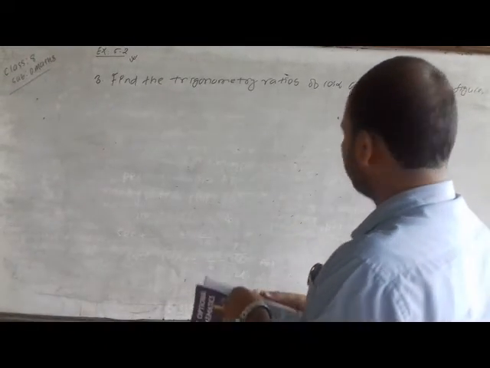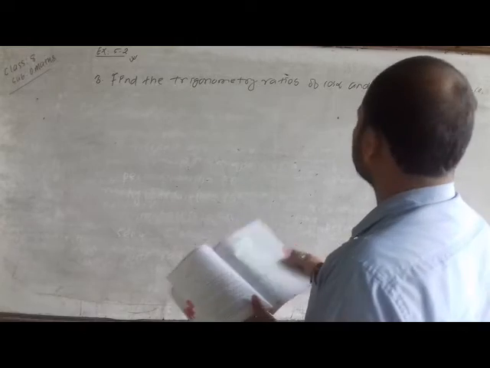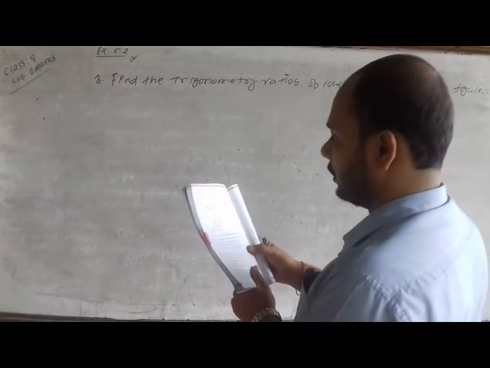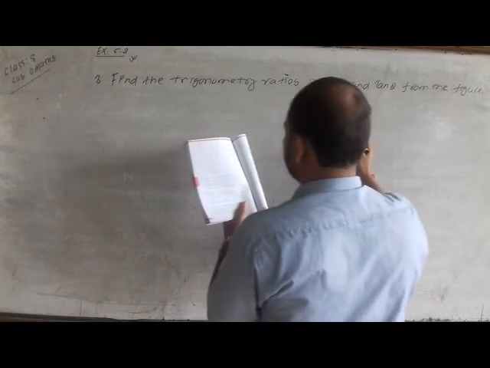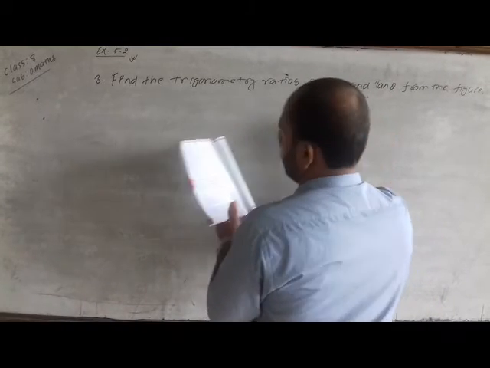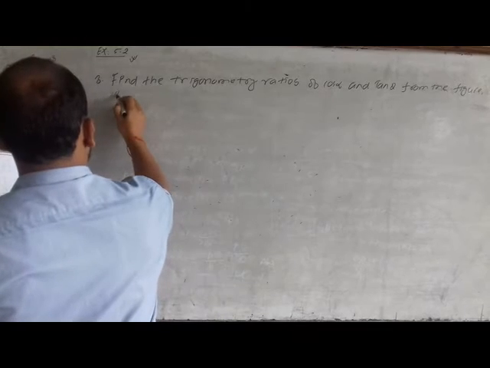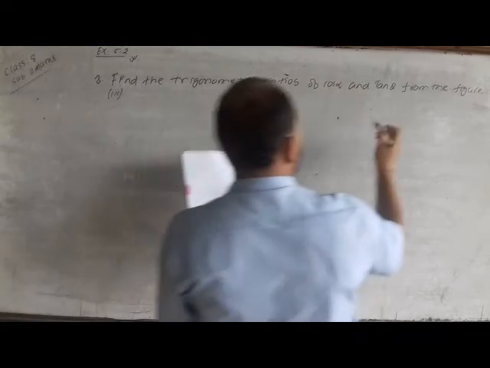Your question says find the ratio of cos alpha and tan theta from the figure. I am going to take one figure. I am going to take example. I am going to take question 3. And now look here.